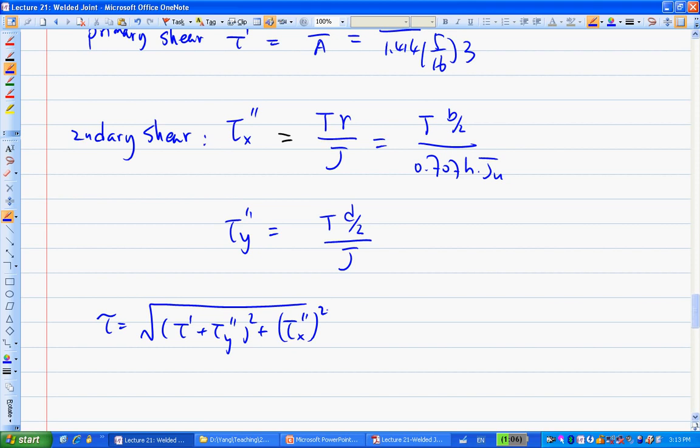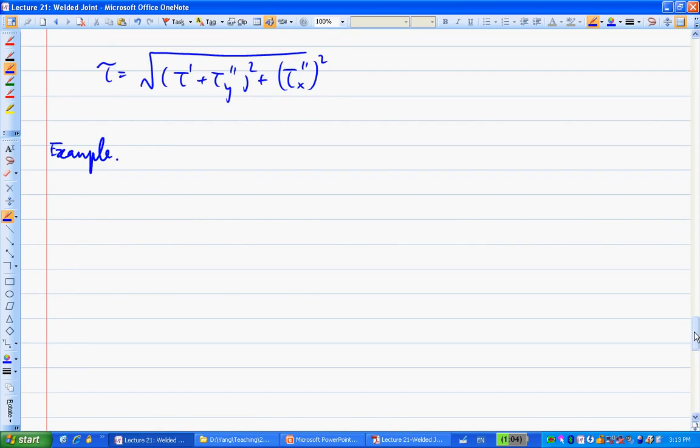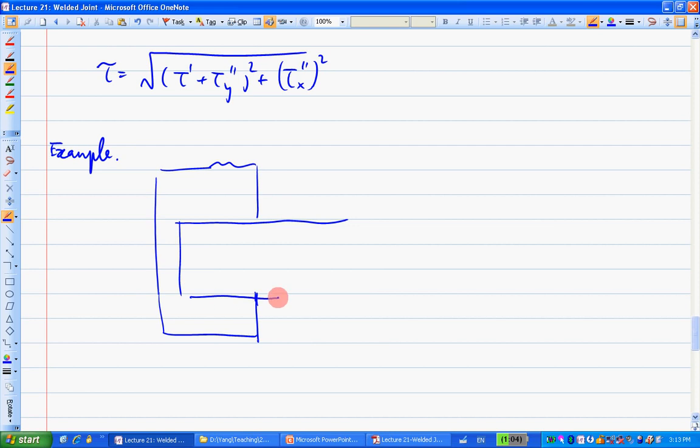Was that good? Okay, so let me show you another one here, probably more complicated. So let's say I have two plates. Now this time the weld group is this.